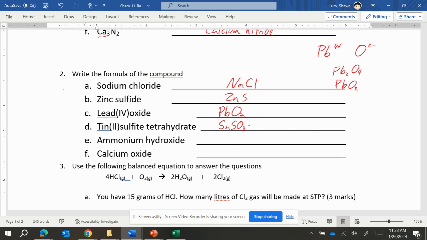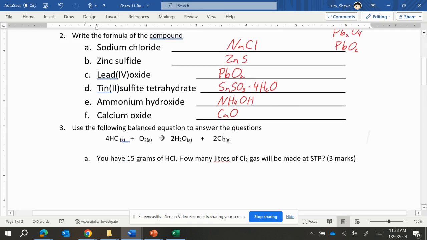Tetra is a fancy way of saying 4, and then hydrate is a fancy way of saying water. Okay, ammonium is NH4. NH4 is +1. Hydroxide is -1, so therefore no numbers. Calcium is +2. Oxygen is -2, no numbers.